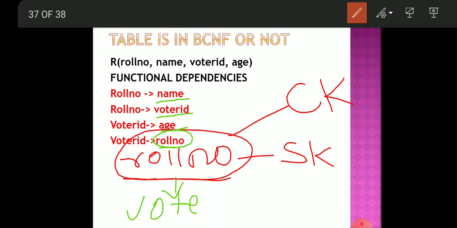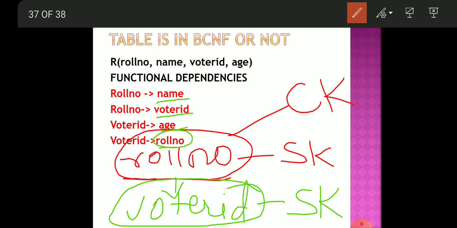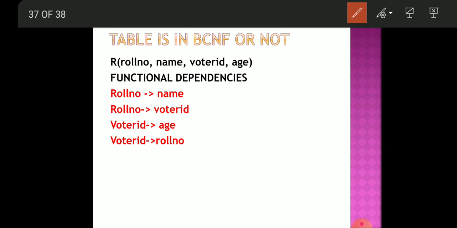See, voter ID, now this is a super key. With this super key we again have to check the proper subset. The proper subset of voter ID would again be empty, meaning there would be no proper subset of voter ID. And if there is no proper subset of voter ID, then voter ID is a candidate key, right? So this is also a candidate key.